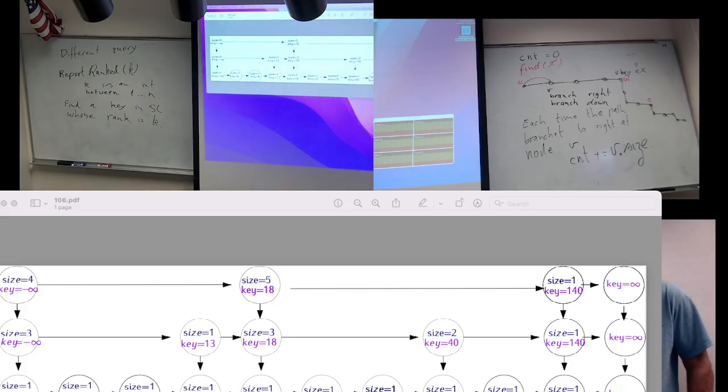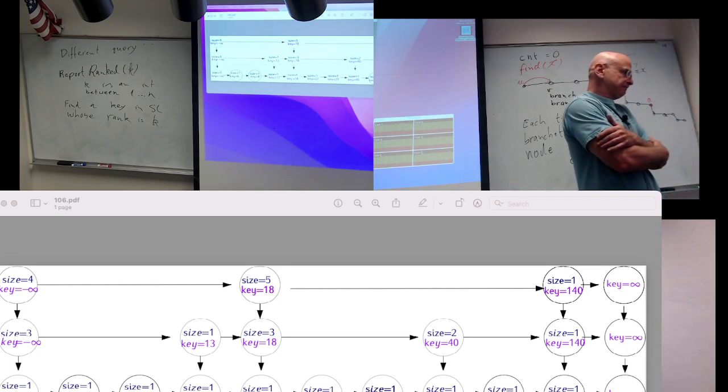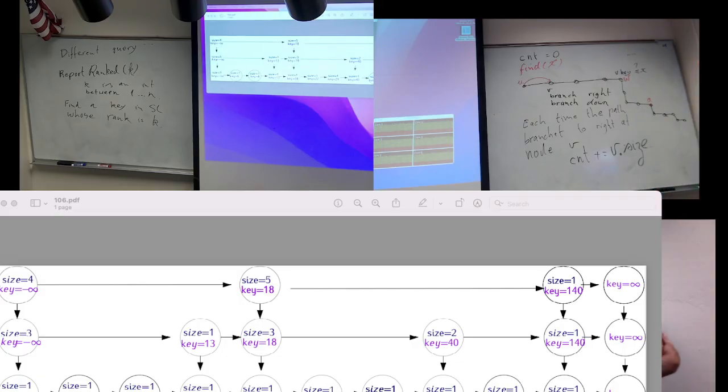Who is the element that has exactly 10% of the keys smaller than it? And you can report it in log n time. I mean, there are only log n levels, right? So, any thoughts? Go right once and go down once for each level.